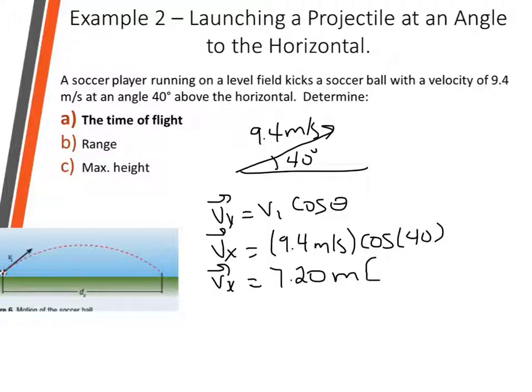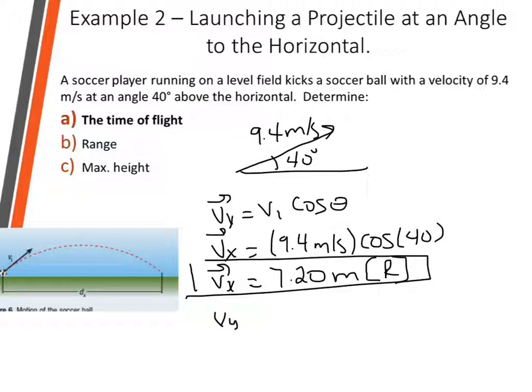If we needed a direction, we could say to the right or to the east, because if you look at that picture, the ball is going to go to the right or in the east direction. So that's our velocity in the x direction. We're going to do the same thing for velocity in the y direction, only this time we're going to use sine theta.